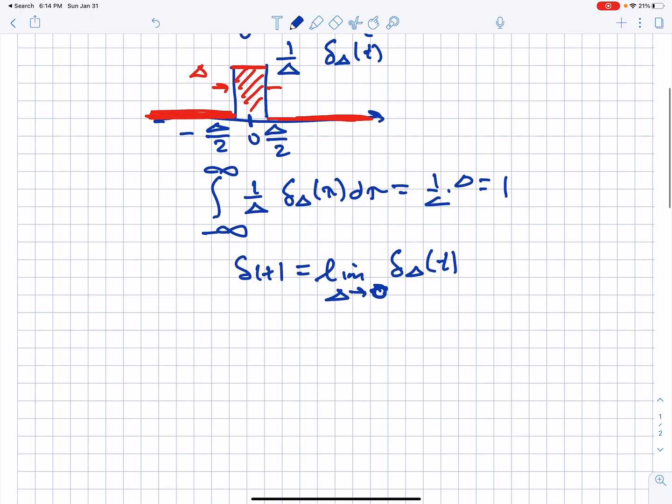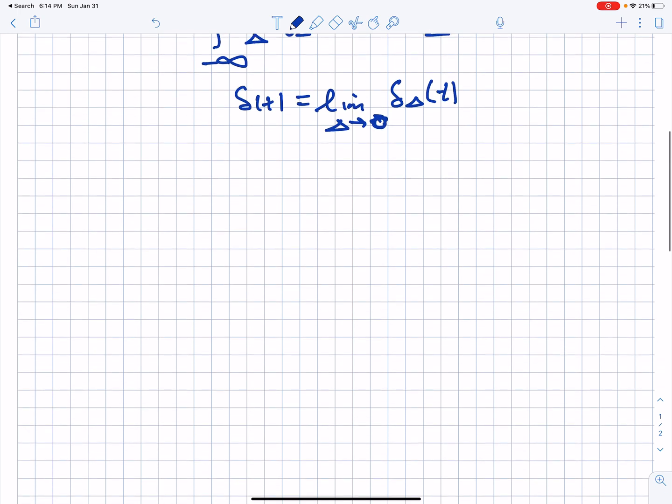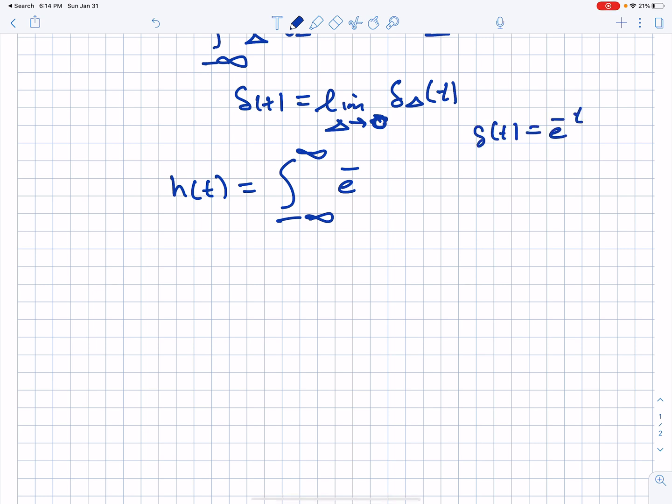Okay, so that leads to the question of the homework, where we were looking at h of t being an integral from minus infinity to infinity of, I don't remember exactly what it was, but let's say we had g of t is e to the minus t u of t.